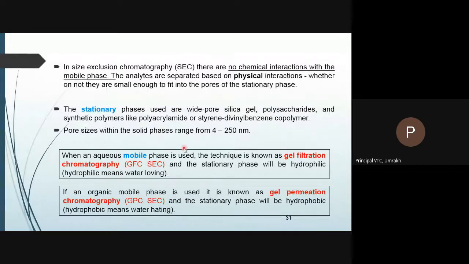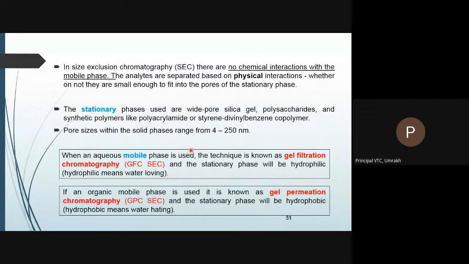Now, size exclusion chromatography can be further divided into two kinds. It can be termed molecular chromatography, or gel chromatography also, gel filtration chromatography or gel permeation chromatography.